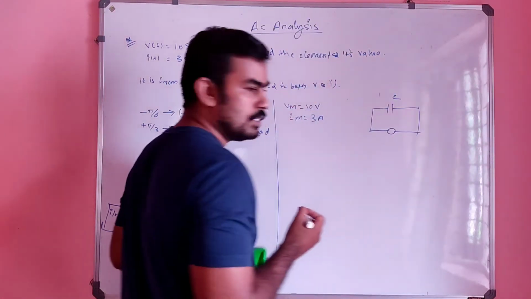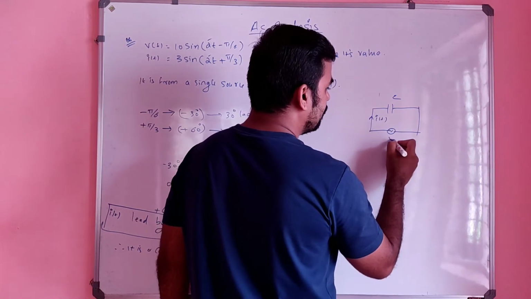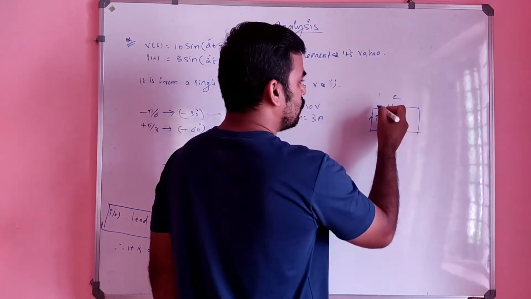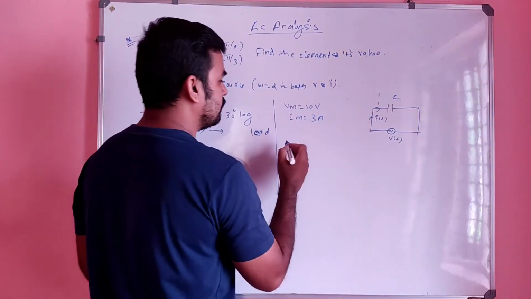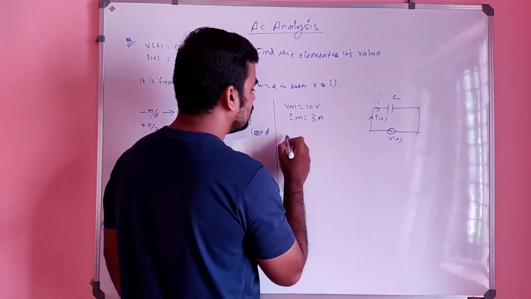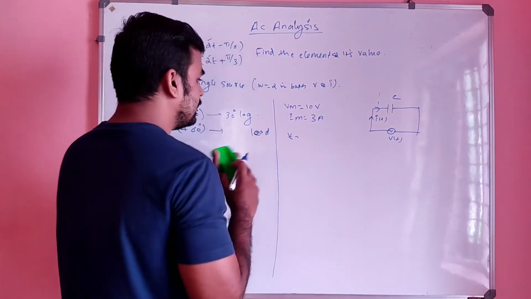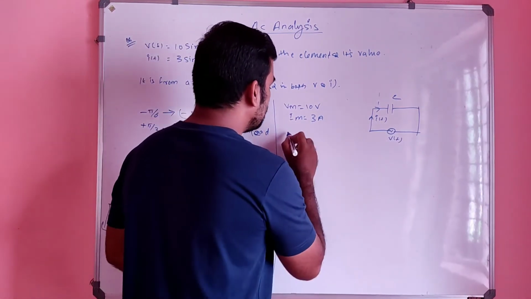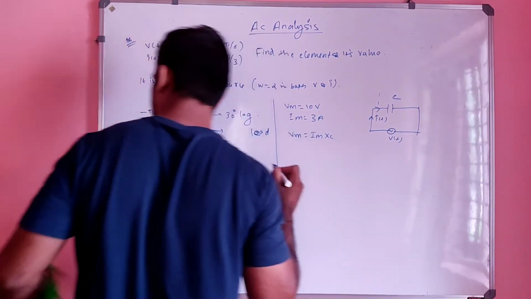Suppose this is a capacitance C, and there is a flow of I of t and an applied voltage of E of t. I can say that Vm will be equal to Im into XC. Is this correct or wrong?